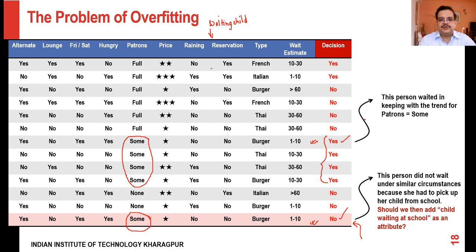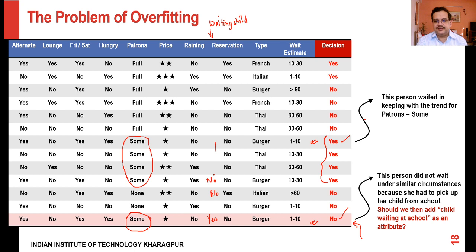Because for many of these cases we won't even know, since for many of the people that's not a factor, it may not be applicable. Here it is yes, in some cases it may be no, but in some cases we may not even know whether the person has such a constraint or not.